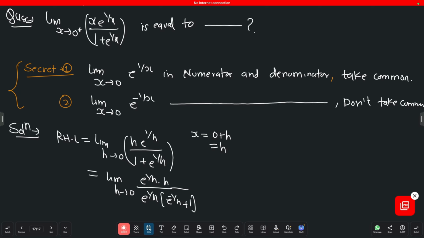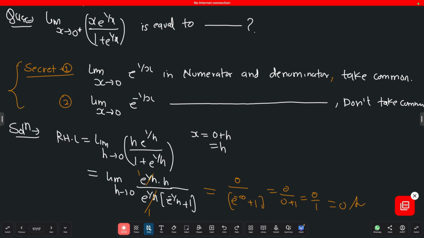Then cancel this term by this. Now put limit h value 0: 0 upon e power minus infinity plus 1, so 0 upon 0 plus 1, 0 upon 1 which is 0. It means the answer of this is 0.